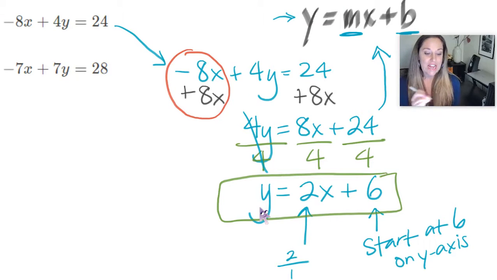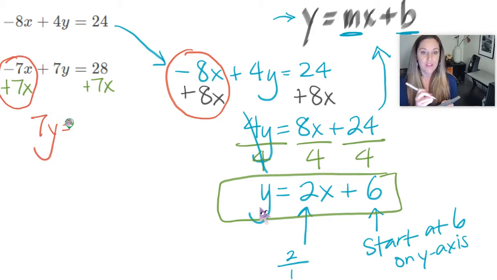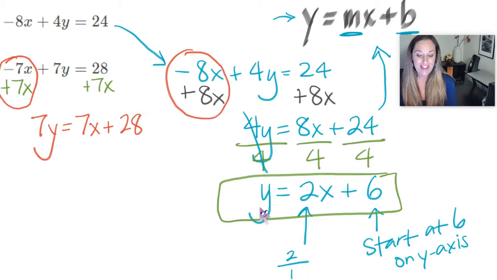Okay, so let's try negative 7x plus 7y equals 28. I want y by itself, so I think the first thing I'll do is add 7x to both sides. That's going to get rid of my 7x here. So that leaves me with 7y equals, I could write 28 plus 7x, but I'm going to keep it trying to look like the slope-intercept form, and that gives me 7x plus 28. The last step is to do the opposite of what they're doing to the y.